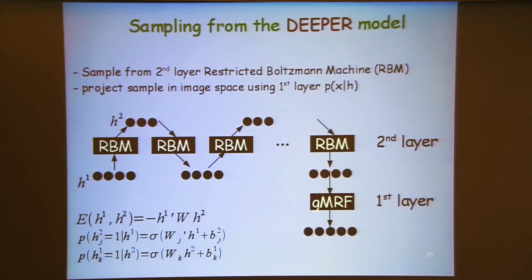Basically, after training, given one set of variables, you sample the other by simply computing this quantity and then drawing a random number between 0 and 1, and then you draw a sample from a Bernoulli. And then given this, you sample that. You do this for a long time, and from time to time you can use the conditional distribution over the pixels, which was that multivariate Gaussian distribution, to show what these samples higher up mean.